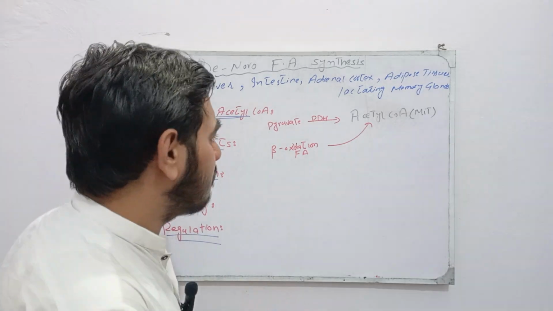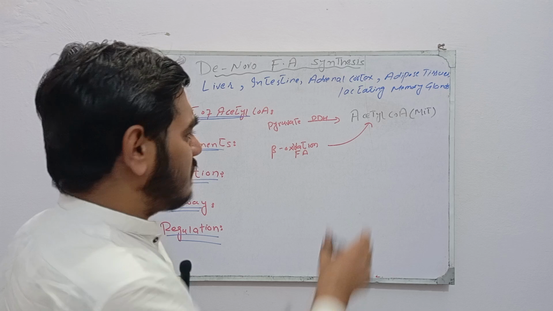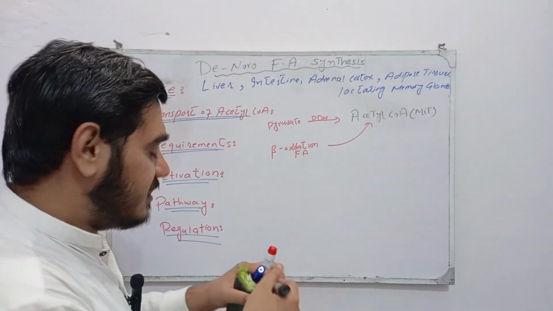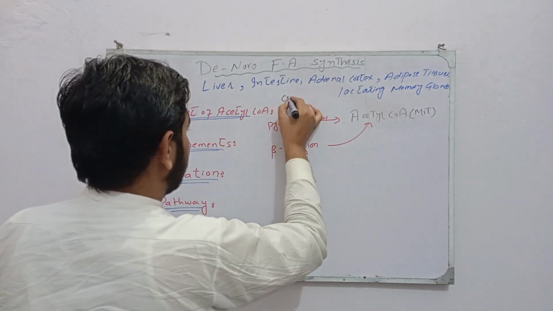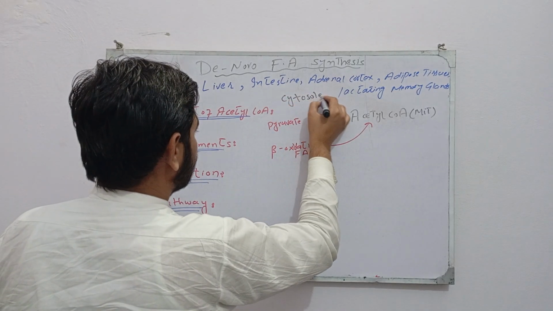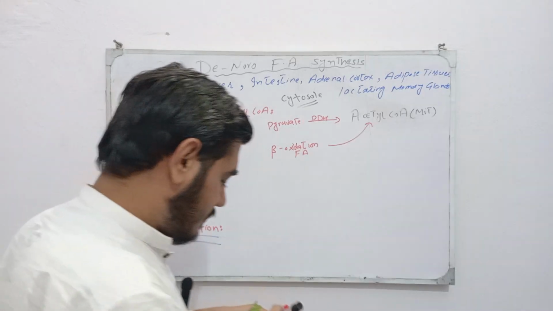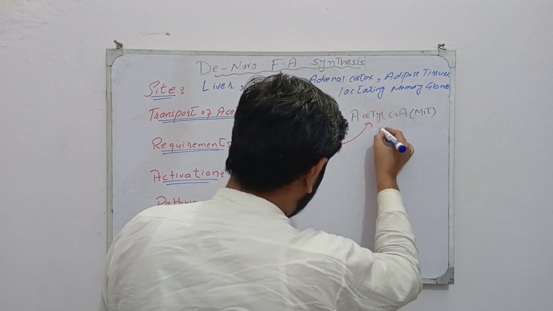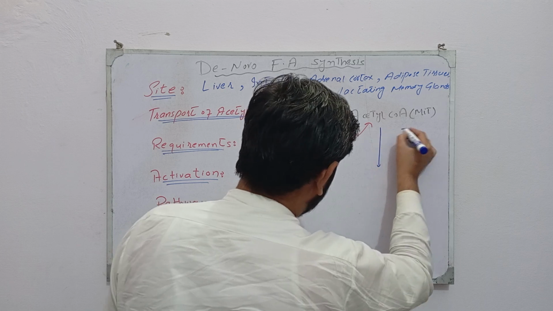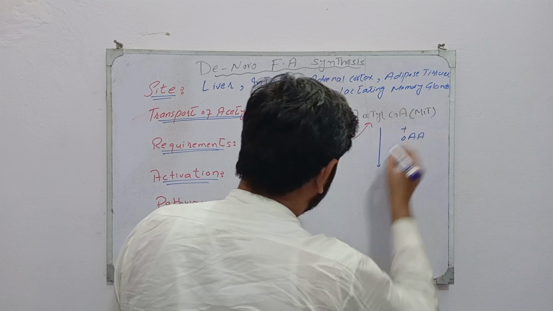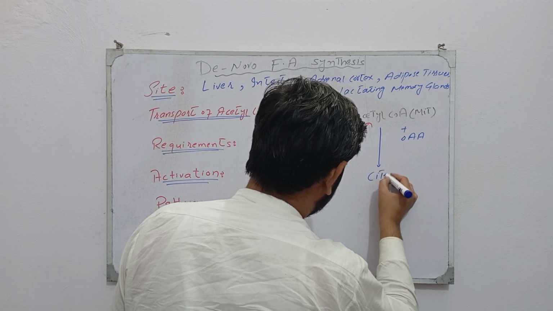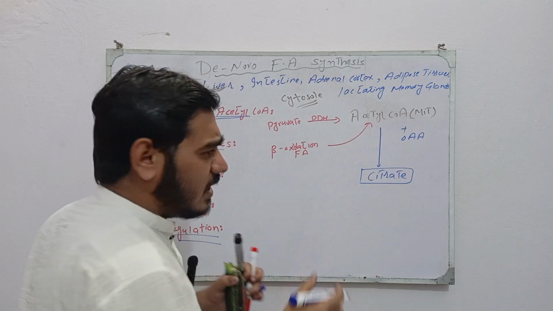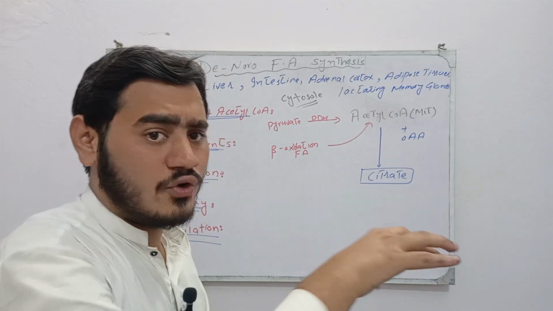Now acetyl CoA is present in mitochondria, and the site required for fatty acid synthesis is cytosol. So transport is very important. Acetyl CoA gets attached with oxaloacetic acid and forms citrate, because acetyl CoA can't cross the mitochondrial membrane.